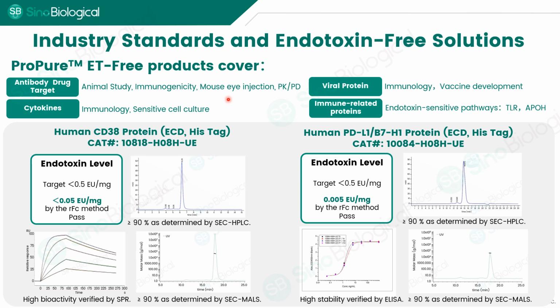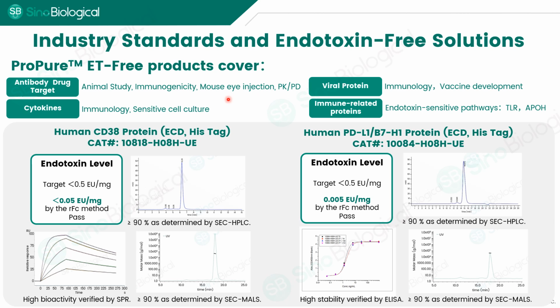So we have built up a wide range of different proteins, including antibody drug targets, which are suitable for animal studies, immunogenicity studies, mouse injection, or PK/PD studies. We also have a wide range of endotoxin-free viral proteins, which are good for immunology or vaccine development.